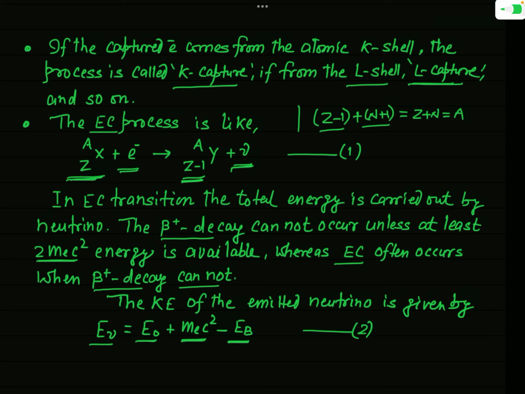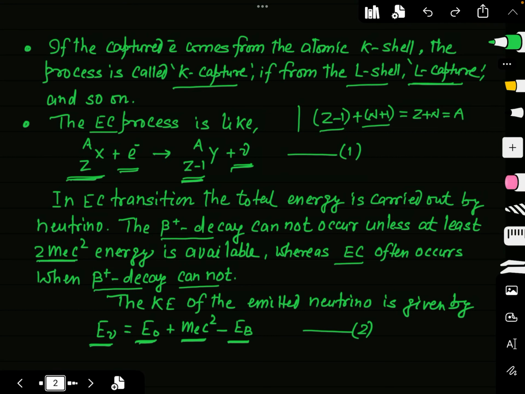So the kinetic energy of the emitted neutrino will be equal to the difference of the rest mass energy of the parent nucleus and the daughter nucleus, which is E naught, plus the rest mass energy of the electron, minus the binding energy of the electron in the respective cell.